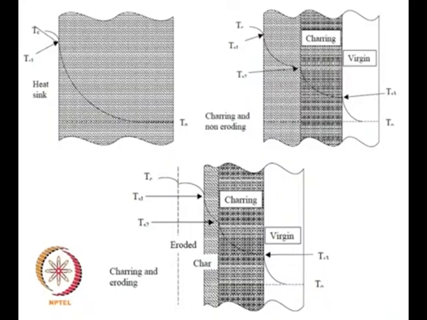One is charring and non eroding, as shown here in B, and the other one is charring and eroding or ablating. Okay. The basic difference here is, in this case, charring and non eroding, it forms a char, but the char as you see here, even in a cross flow, does not get eroded, it stays as is.